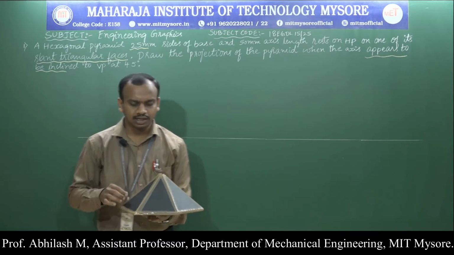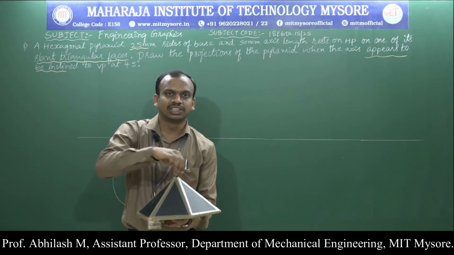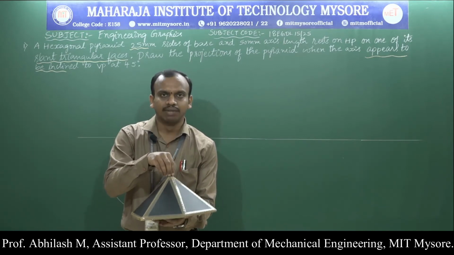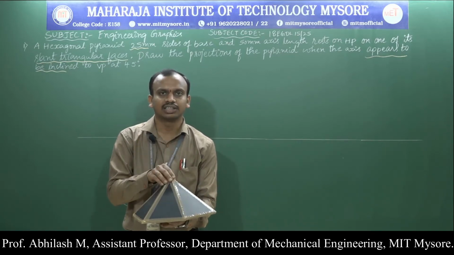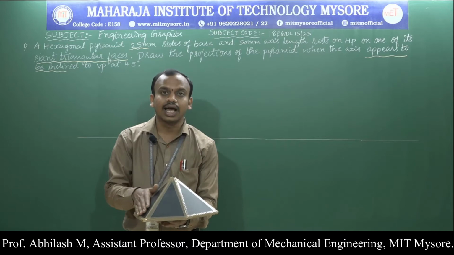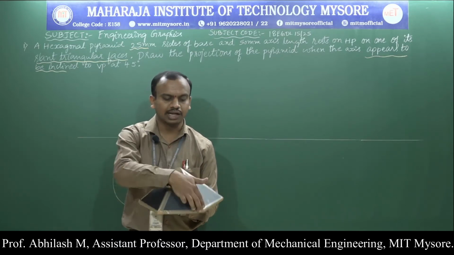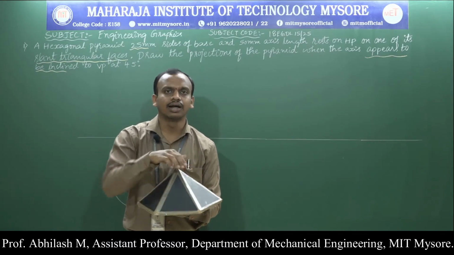And we know that from each corner the slant edge connects to the apex of the pyramid, whereas here they have given a new type of condition where they state the slant triangular faces. What are the slant triangular faces? The two slant edges connecting give rise to a slant triangular face.